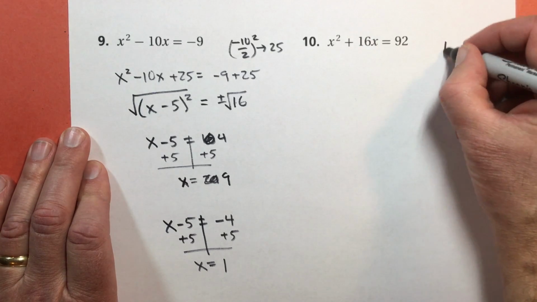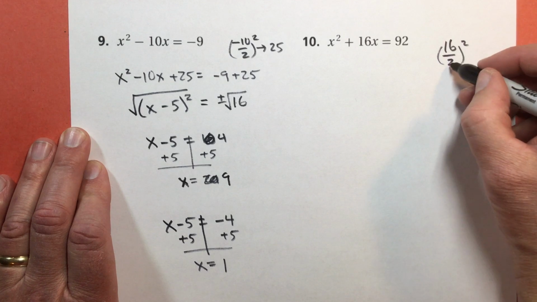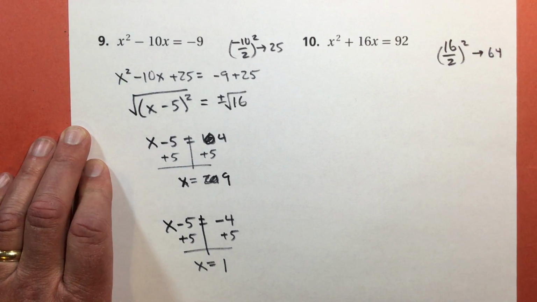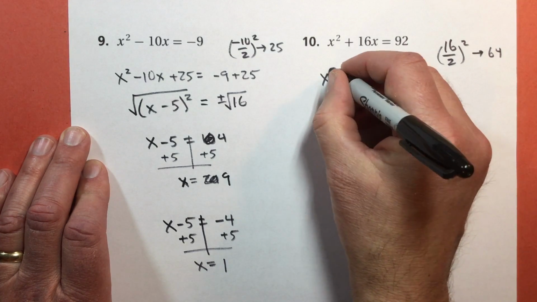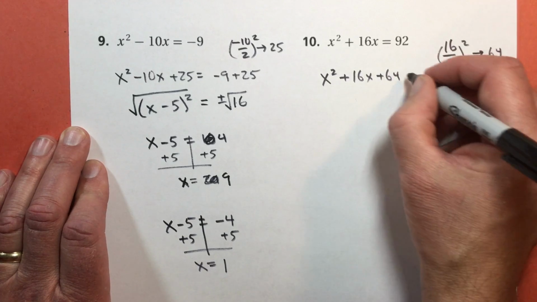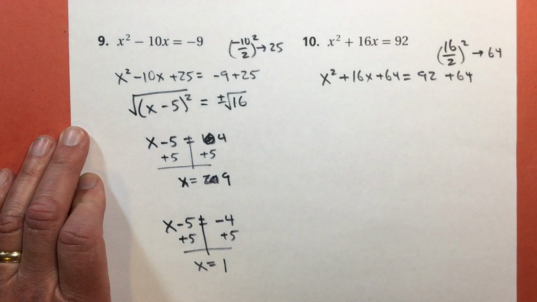I take the 16, I divide it by 2, and I square it. 16 divided by 2 is 8. 8 squared equals 64. So I get x squared plus 16x plus 64 equals 92 plus 64.